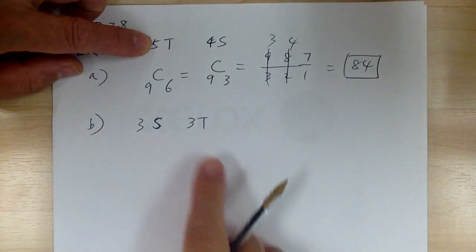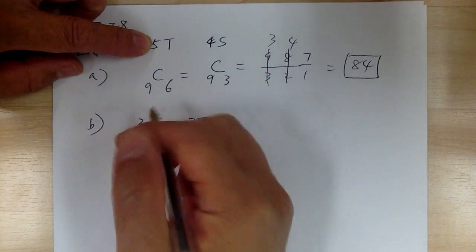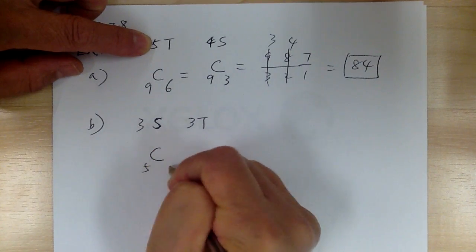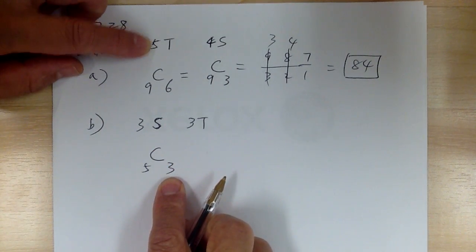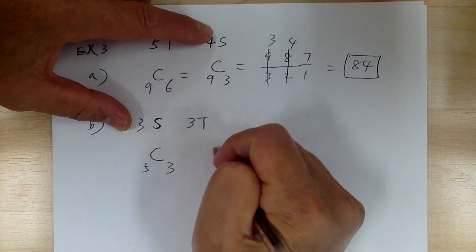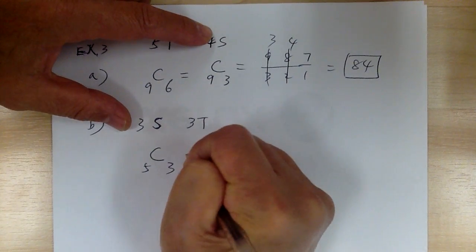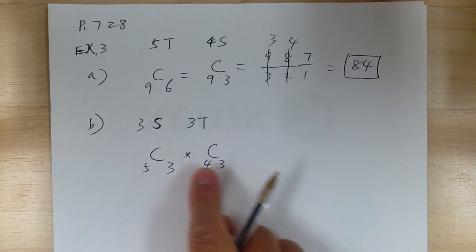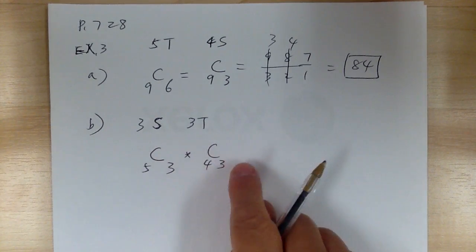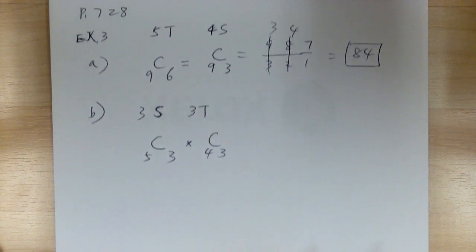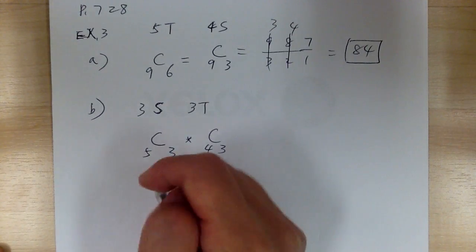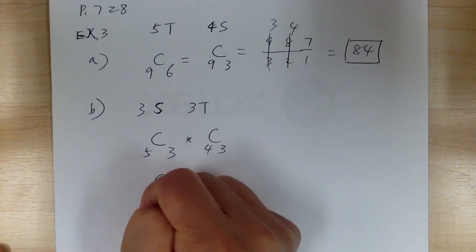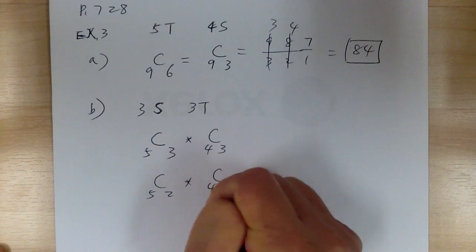There are 5 teachers, but you're only going to get 3. So for the teachers, it's 5C3. For the students, it's going to be 4C3. So you need to get 3 teachers and 3 students, so it's multiplying, right? And this is the same as 5C2, and this is the same as 4C1, right?